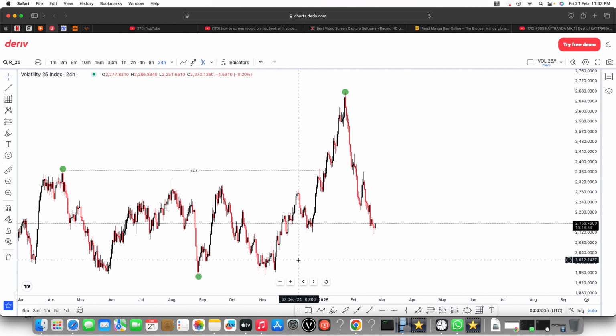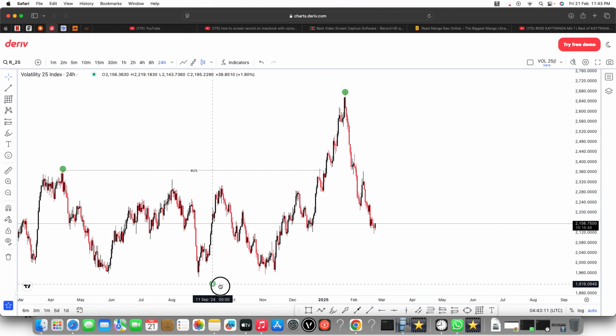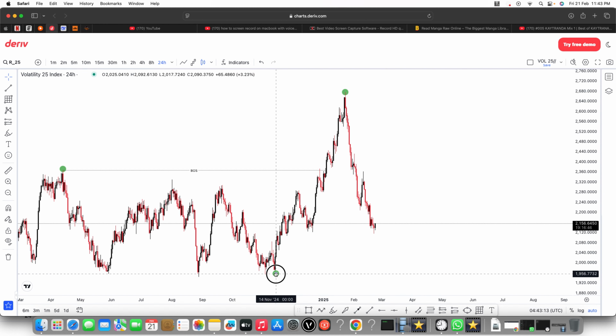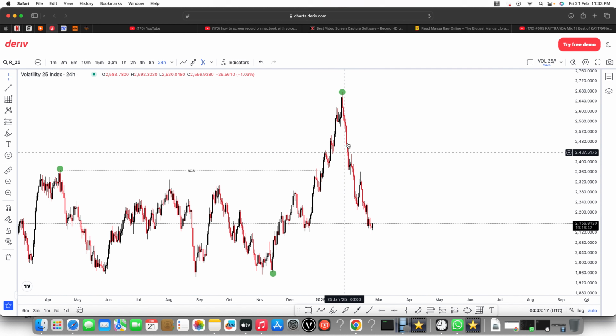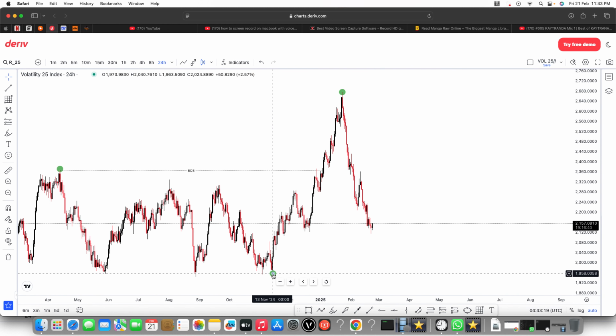However, that is not something that will assist us in taking a trade. So let's focus on the current area of the market that is valid to price. This previous swing and this previous swing points.